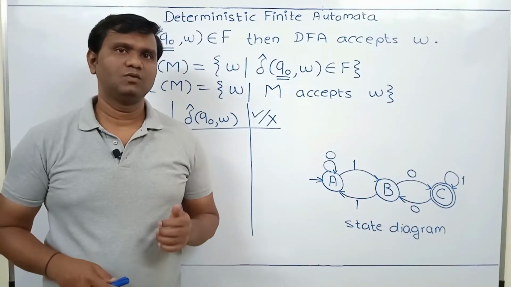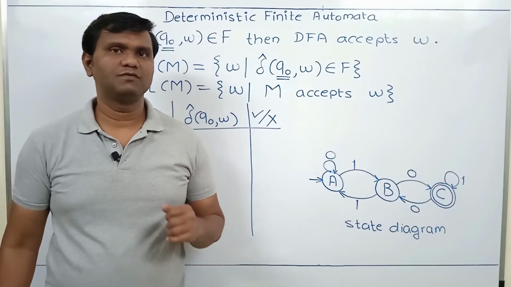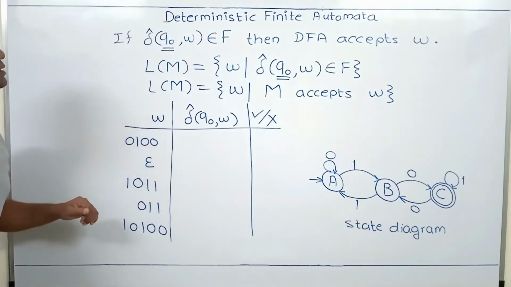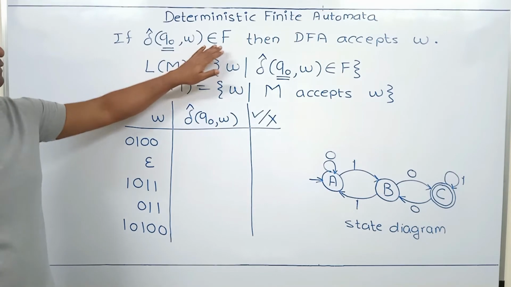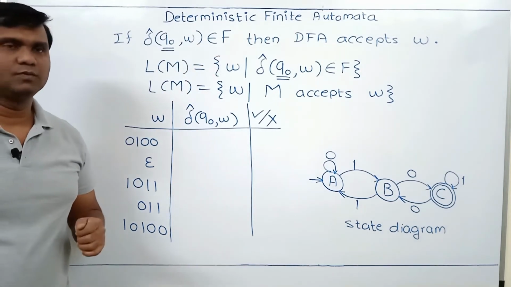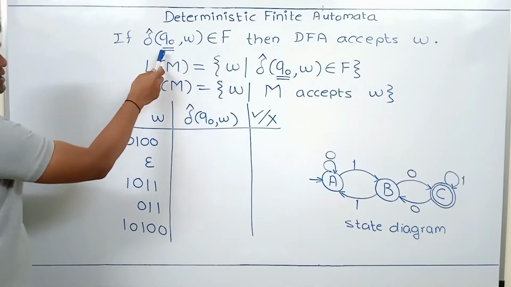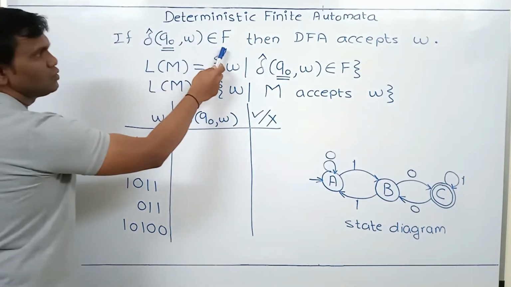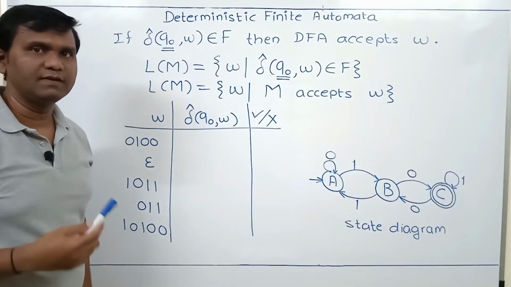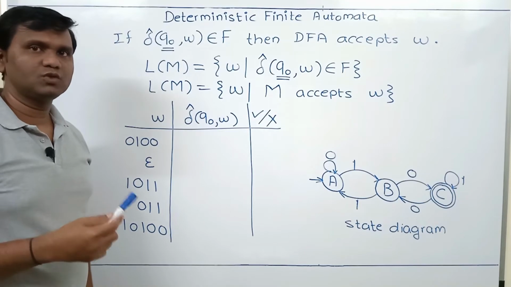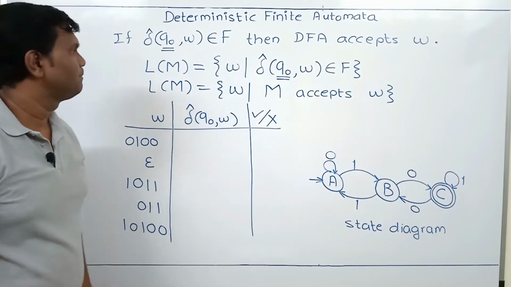Now let's understand how a DFA accepts or rejects a string and what is language of a DFA. Now if delta cap(q0, w) belongs to F, then DFA accepts w. If you process a string w from initial state and you reach some final state, then the string is accepted by the DFA. If you reach some non-final state, then the string is rejected by the DFA.